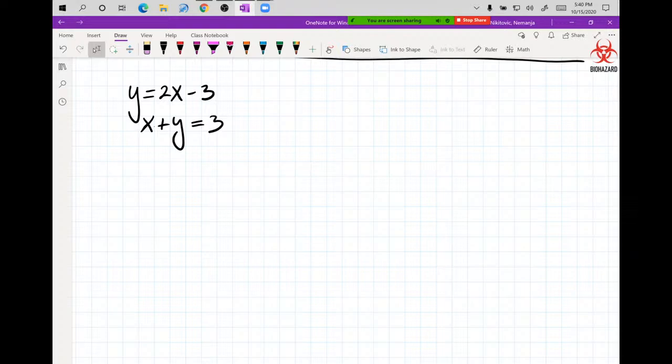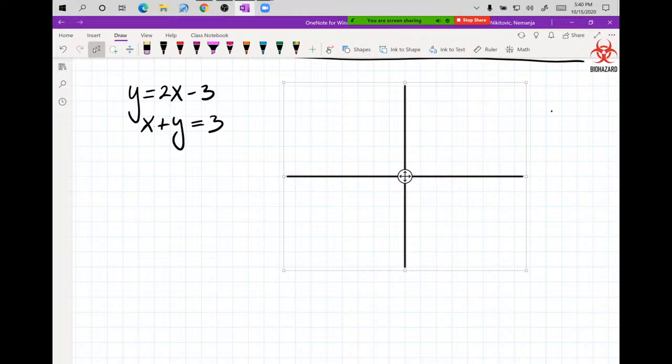We did that in two ways. Way number one, in 4.1, was to graph these two equations. We graph them and we see where the intersection is.